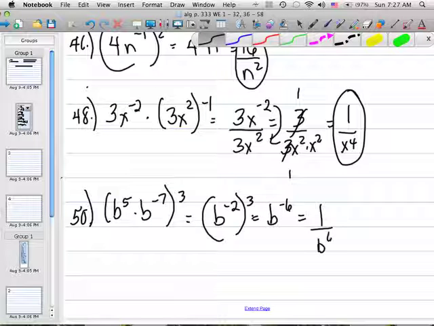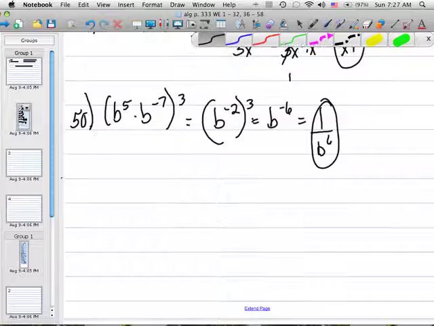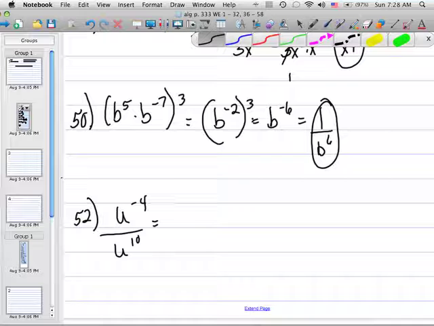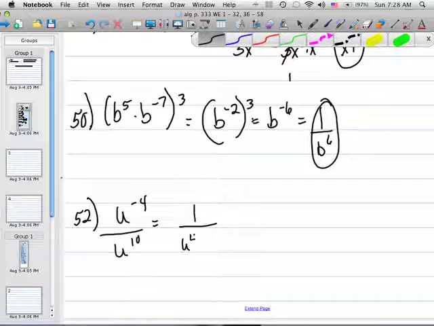So 1 over b to the 6. And 52, I have u to the negative 4 over u to the 10th. U to the negative 4 is going to move down, and there's going to be a 1 on top. So that's going to be 1 over u to the 14th.